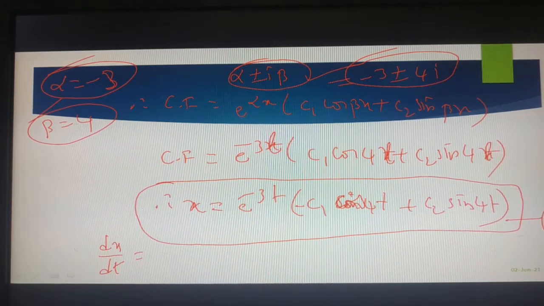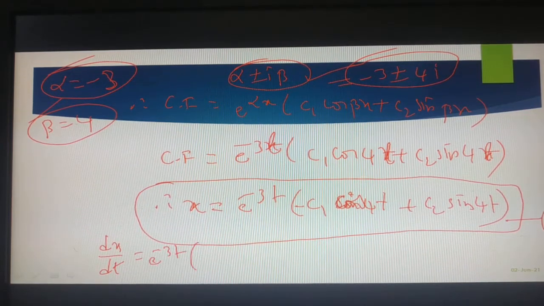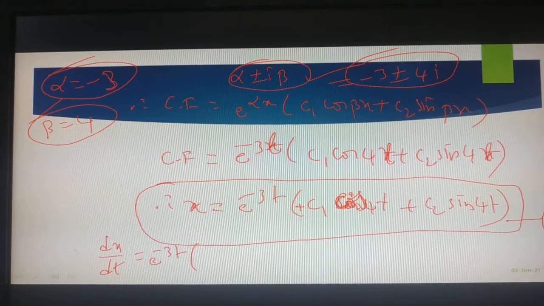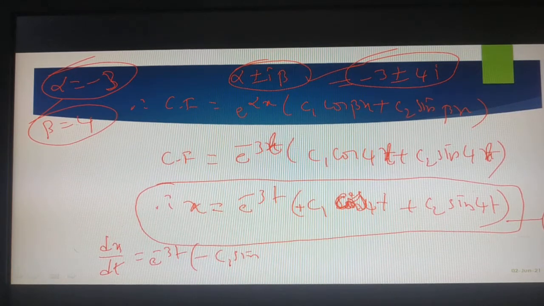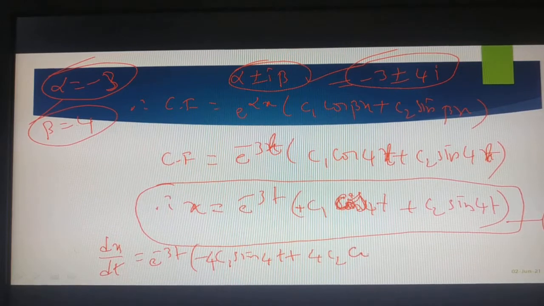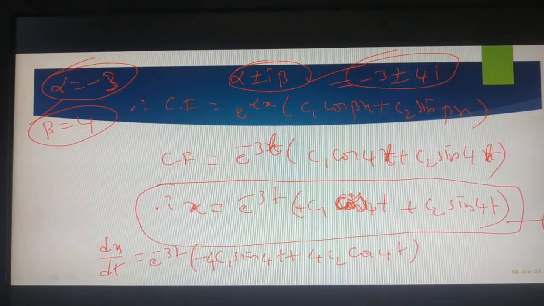So when I am taking e power minus 3t, it will be constant the first time. Derivative for c1 cos 4t is minus 4c1 sin 4t, plus for this, derivative for sin is plus 4c2 cos 4t. So it is equation number 2.